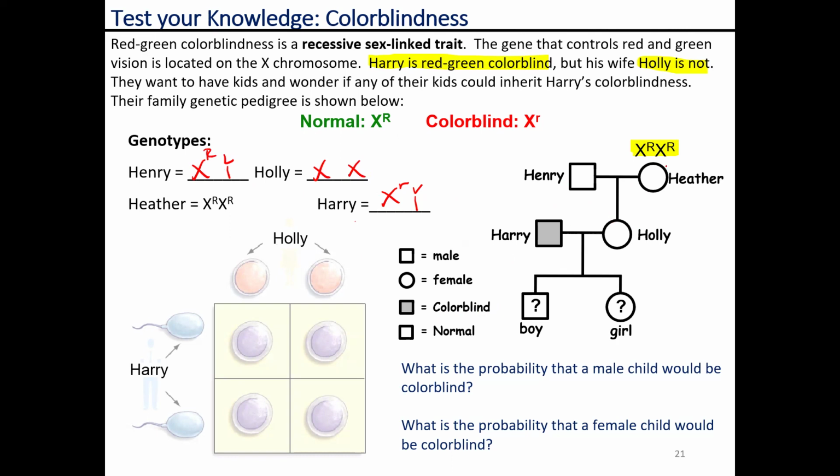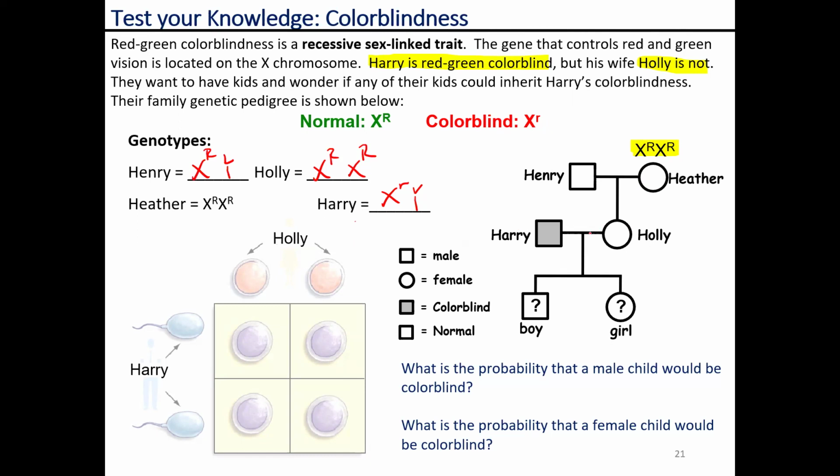And we know Heather is big R, so if we cross these down, Holly is going to be big R as well. Because if Henry has a big R and is normal, and Heather is homozygous dominant for normal vision, then by default there is no color blindness gene to pass on. So it would be big R.